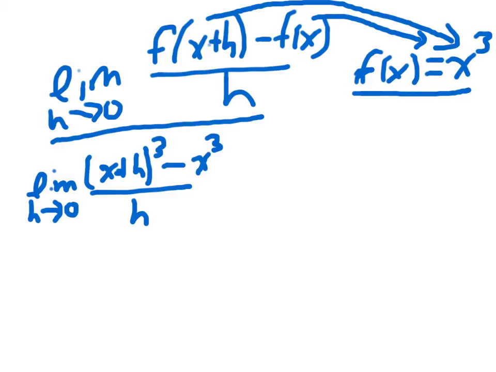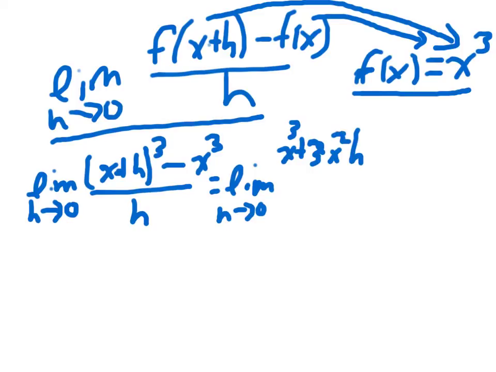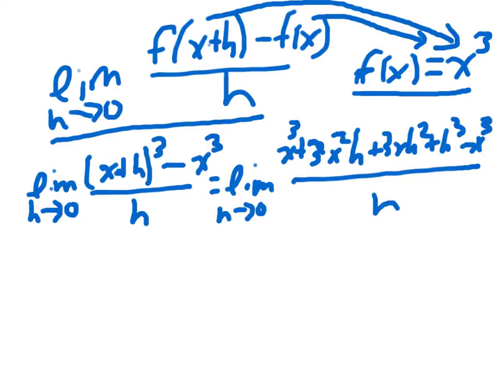So using what I learned from the previous slide, this is the limit as h goes to 0 of, if I expand (x + h)^3, I get x^3 + 3x^2 h + 3xh^2 + h^3 minus that x^3, all over h. So this is equivalent to this, just expanded out using the generic rectangles like I showed on the previous page.